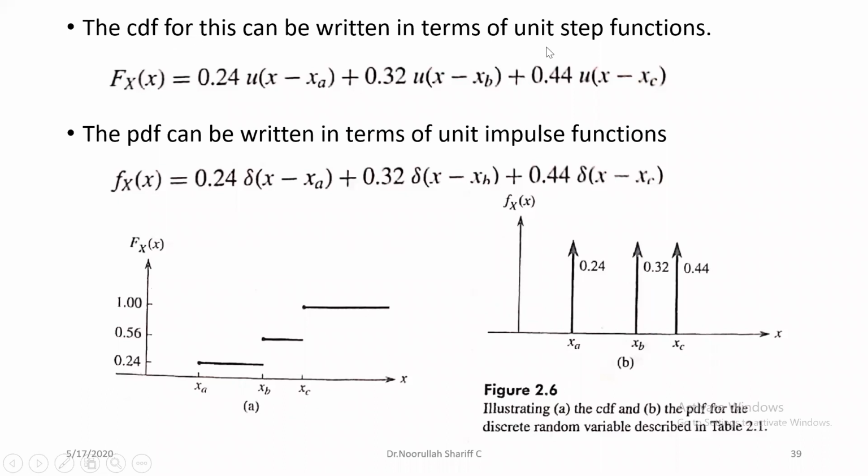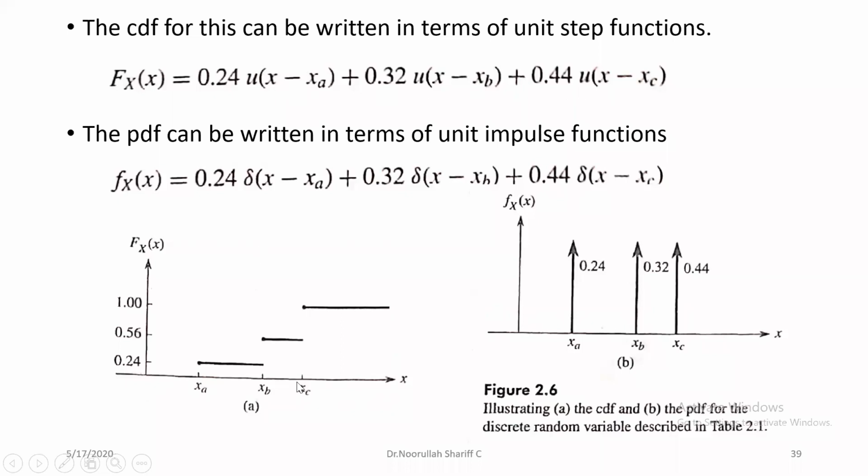Whereas this one we need to try to understand in context. When the value is less than xa, then u of x minus xa, u of x minus xb, and u of x minus xc will all be zero, because xb is greater than xa and xc is greater than xb.